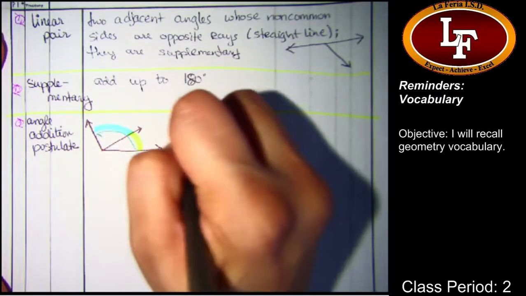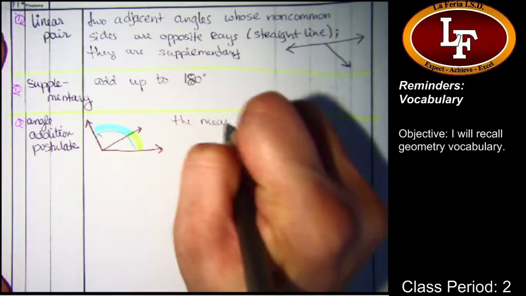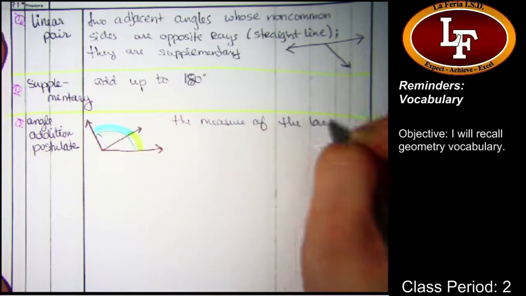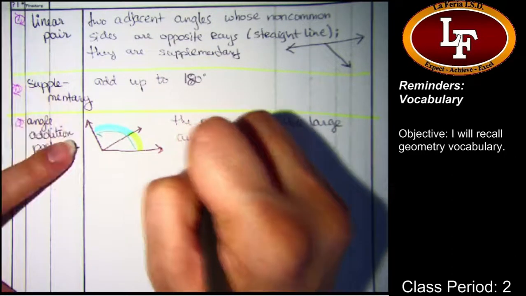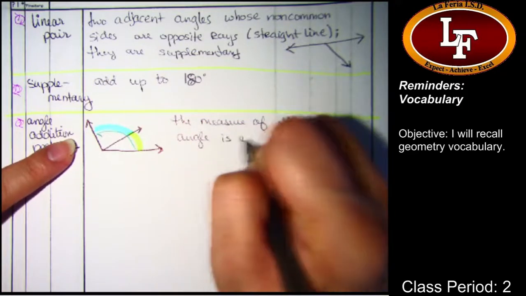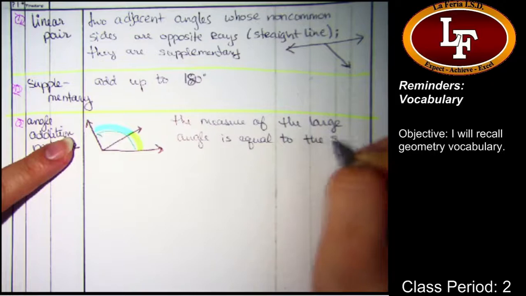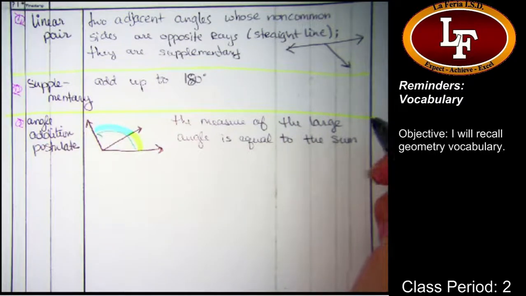So the measure of the large angle in this figure is equal to the sum. That means add them all up.